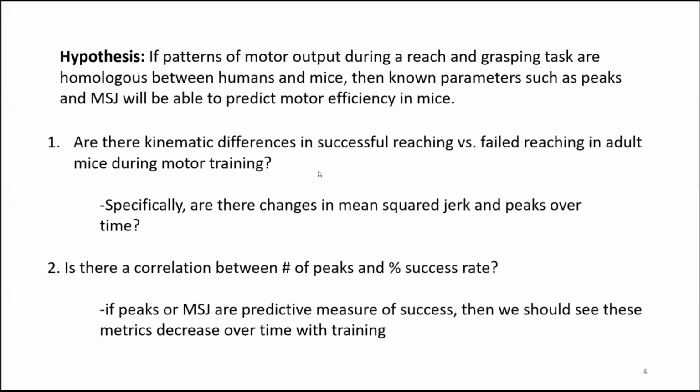So we asked the questions, are there kinematic differences in successful reaching versus failed reaching in the single pellet grasping assay, specifically looking at changes in mean squared jerk and peaks over time, as well as is there any correlation between the number of peaks or the average MSJ in terms of percent success rate? If peaks or MSJ are predictive measures, then these should decrease over time with training and could build a predictive model for motor efficiency in mice.